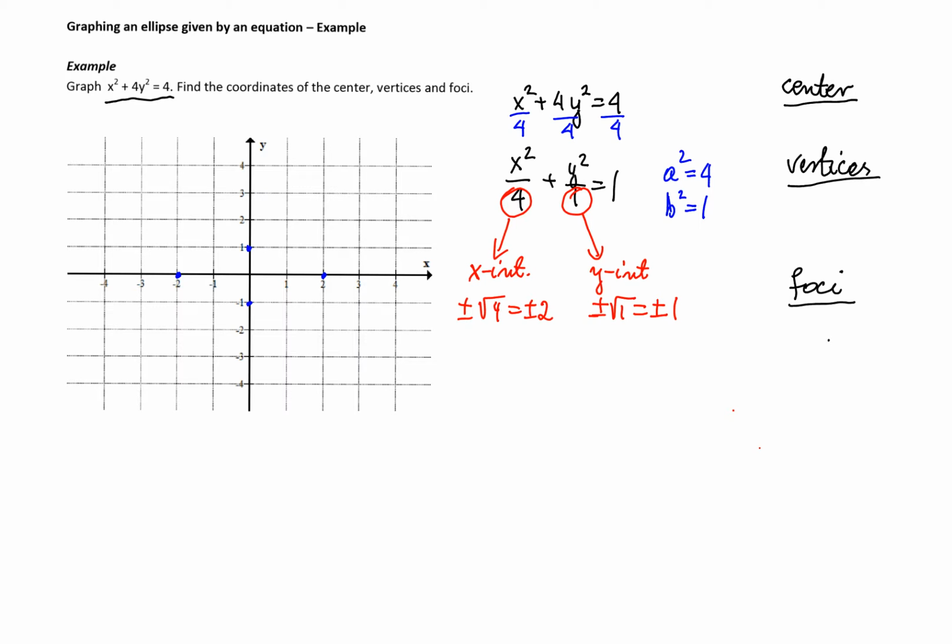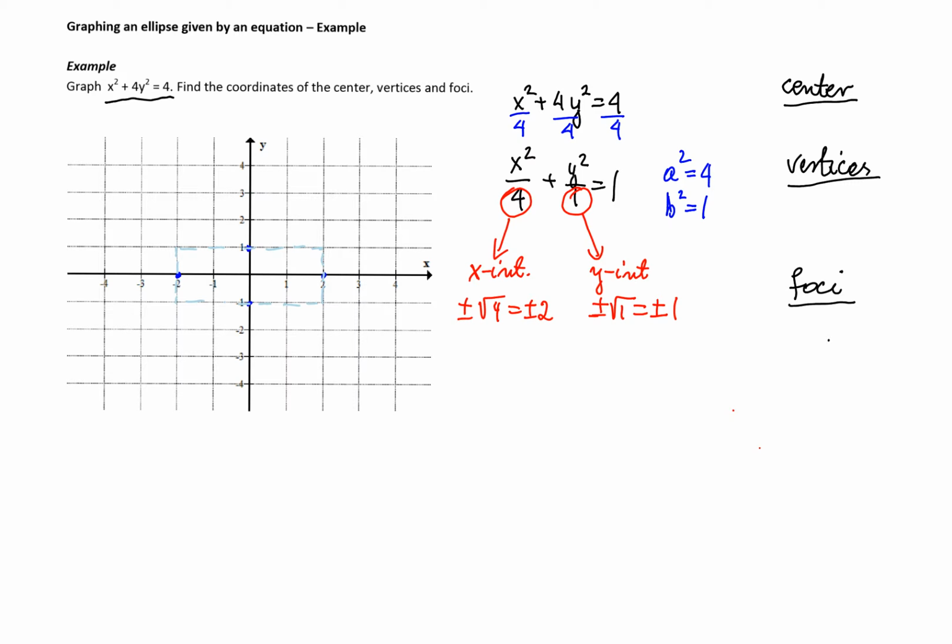To make it easier to graph, we can draw a rectangle that goes through all those intercepts and has sides parallel to the x and y axes, and then draw the ellipse, the oval shape, within this rectangle.